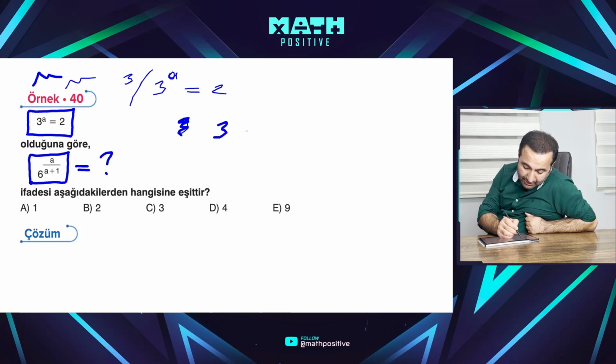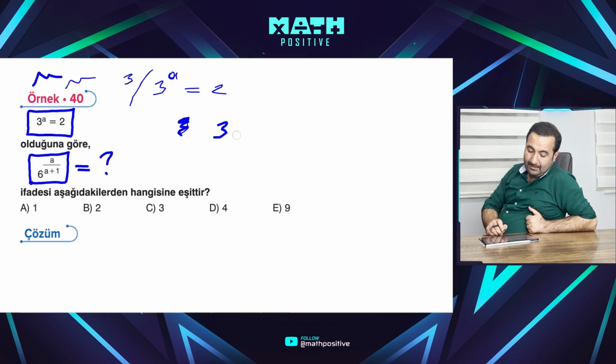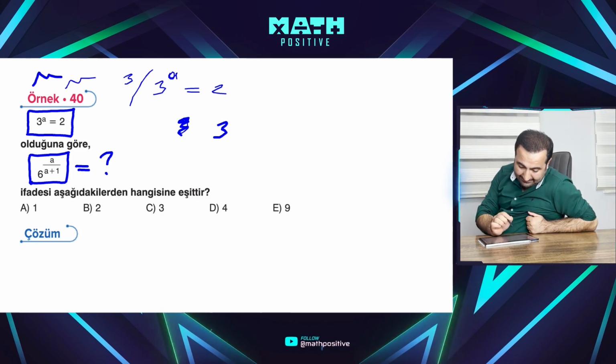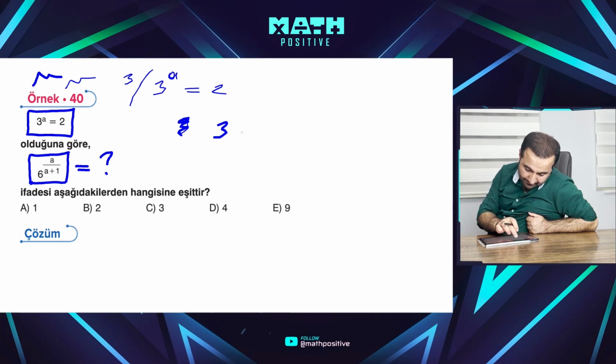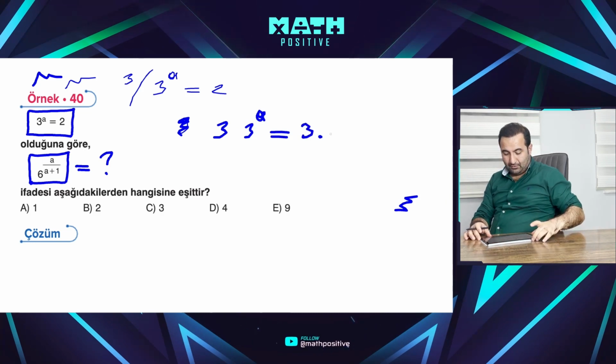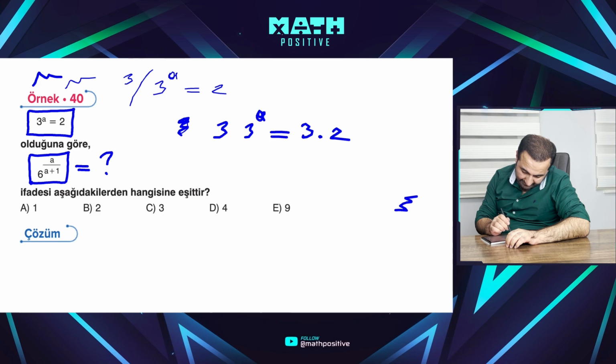we will have 3 times 3 to the power A equals 3 times 2.